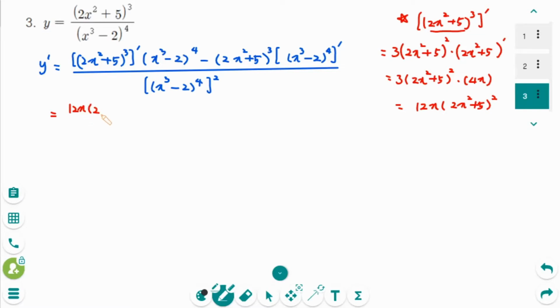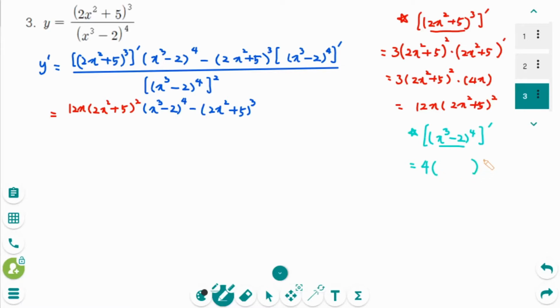12x times (2x² + 5)² times (x³ − 2)⁴ minus (2x² + 5)³ times ((x³ − 2)⁴) prime equals. Think this is another u⁴, so 4u³ times u'.